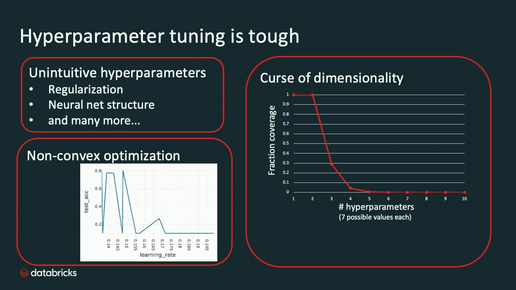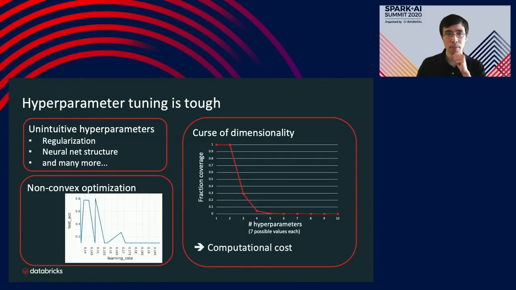And so by the time we hit maybe 3 hyperparameters, we can cover about a third of the space. And after that, we can hardly test any of the actual settings for hyperparameters. And this leads, of course, to high computational cost if you try to push this coverage up.